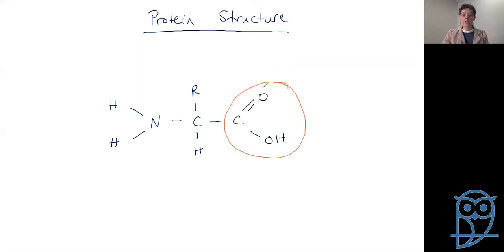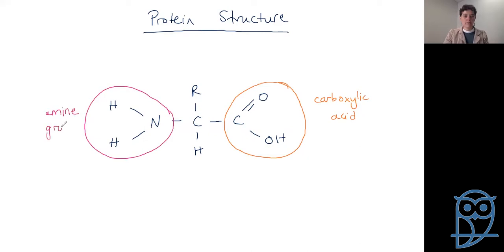COOH, this here is our carboxylic acid group. And on the other side, NH2 should sound a little bit familiar. This is the amine group, where the amino acid got its name, amine carboxylic acid.